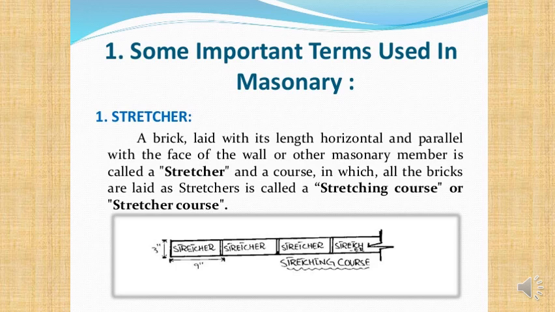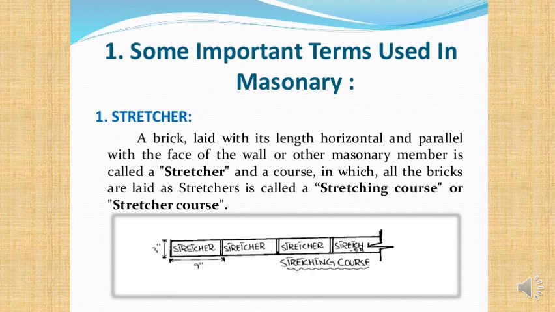But if you were to look at a block wall, a masonry wall, you would notice that all of the blocks are arranged in a horizontal row. Now that horizontal row is called a stretcher. Now the stretcher is basically the long length of a block.